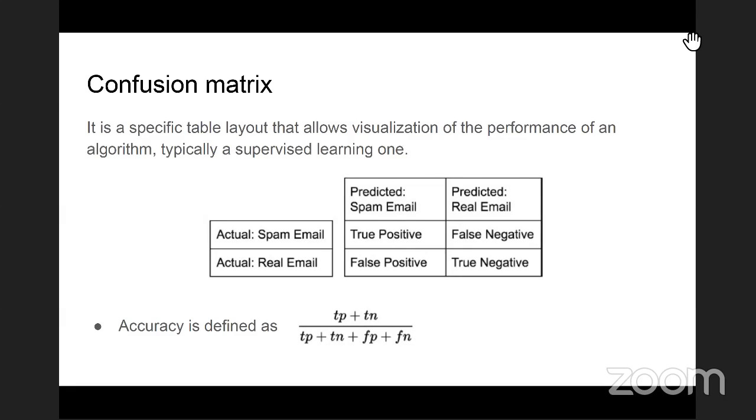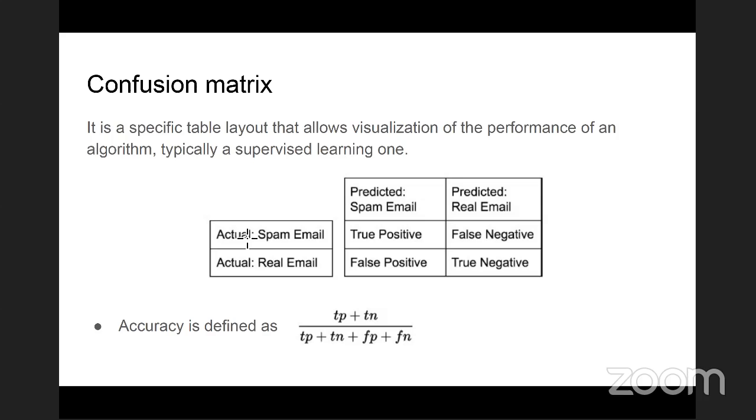First of all, you have to divide all your test cases or validation cases into a confusion matrix. What is a confusion matrix? It's a 2 by 2 matrix, or an n by n matrix where you have n different classes. So let's say you have two different classes, real and spam.